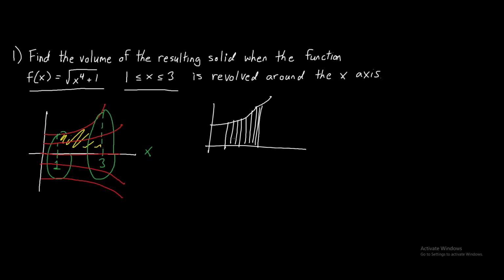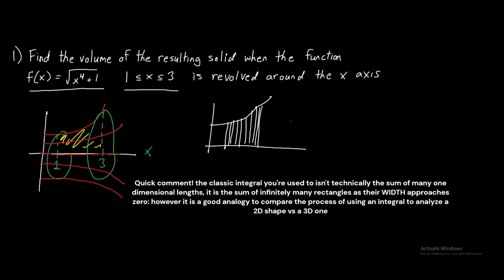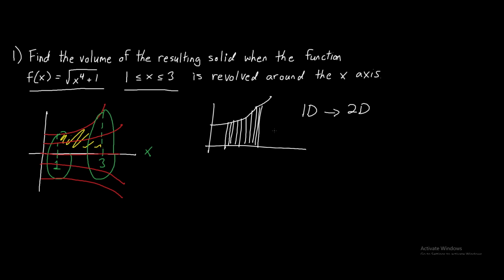So when we add up a lot of area, we get a volume as our integral. In a normal integral, we add up lots of small one-dimensional pieces, and our resulting integral is two-dimensional. But now when we want to find the volume, we're going to add up two-dimensional pieces, and that is going to give us a 3D representation.